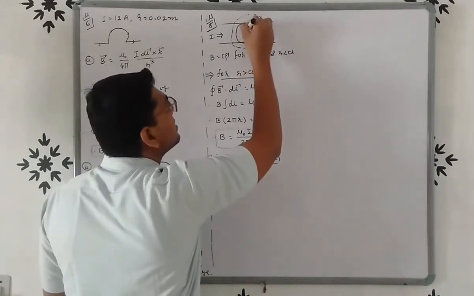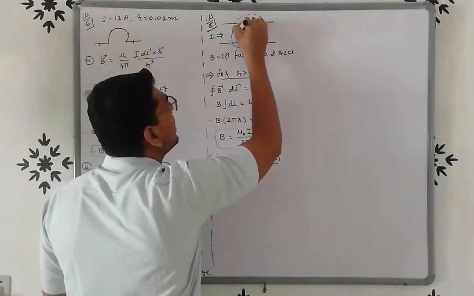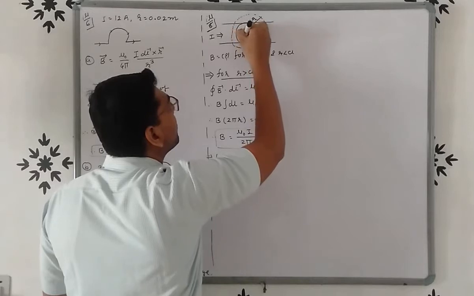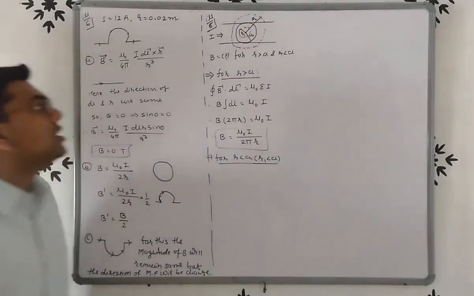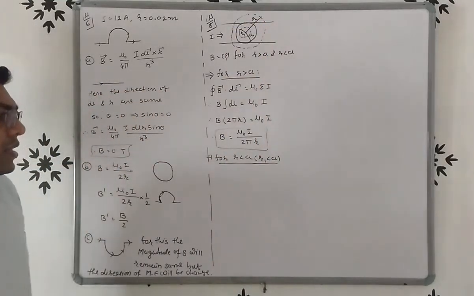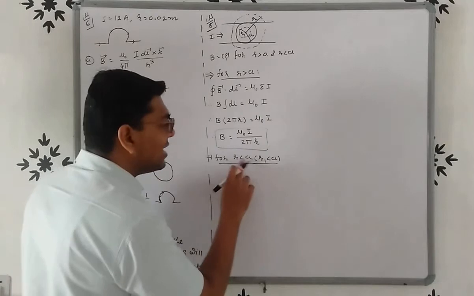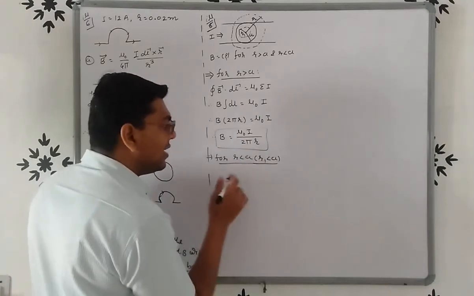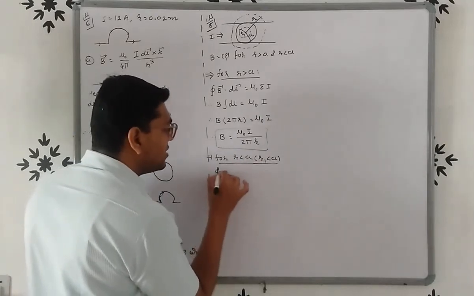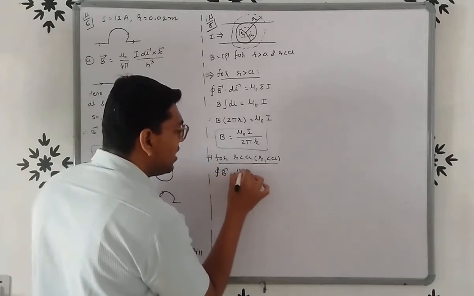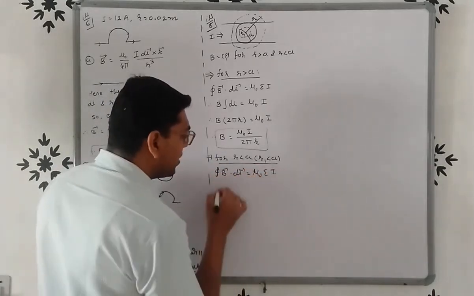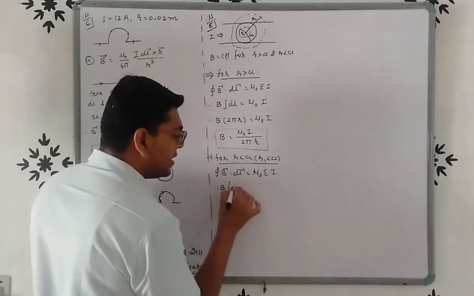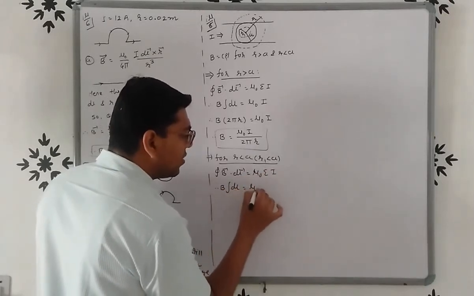See here friends, this is the cross section having radius r1, like this. So to find out the magnetic field for r less than A, or we can say r1 less than A, we have to use Ampere's circuital law. Closed integral of B dot dl is equal to mu 0 sigma I. So B times the integration of dl is equal to mu 0.